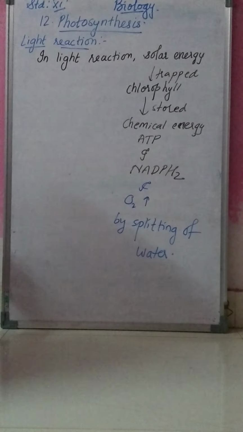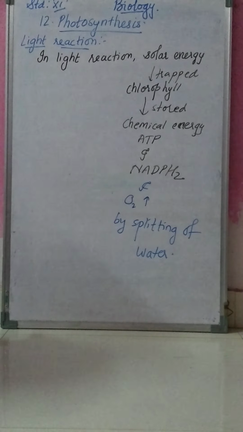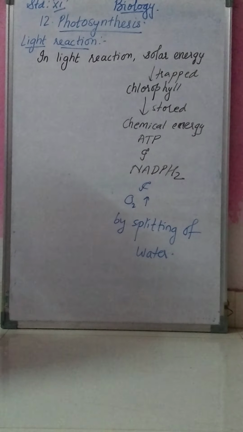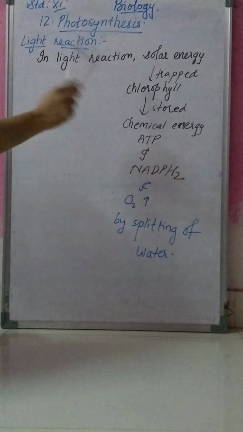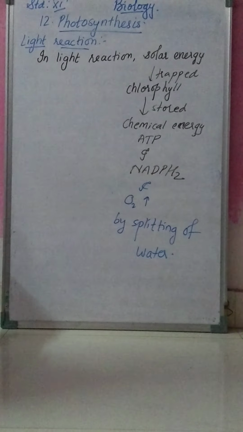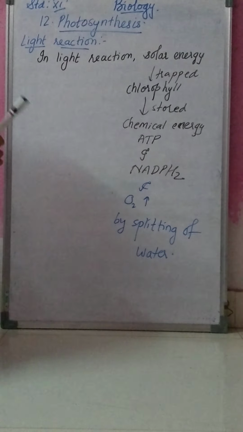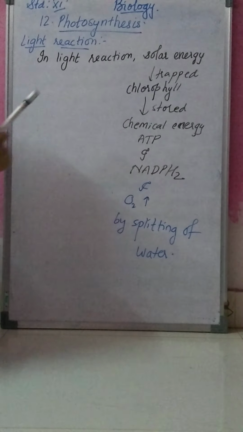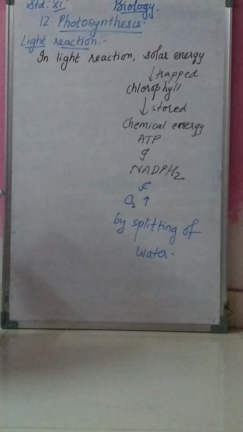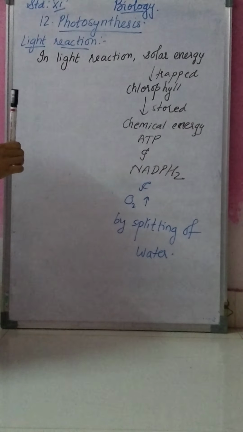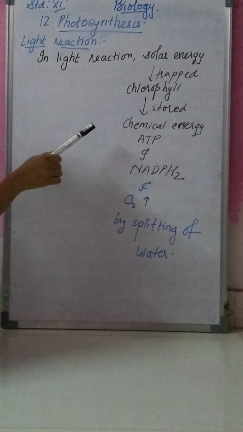Light reaction. Light reaction takes place in the presence of light, that is the sun. In green plants, solar energy is trapped by chlorophyll, and that solar energy is converted into chemical energy.